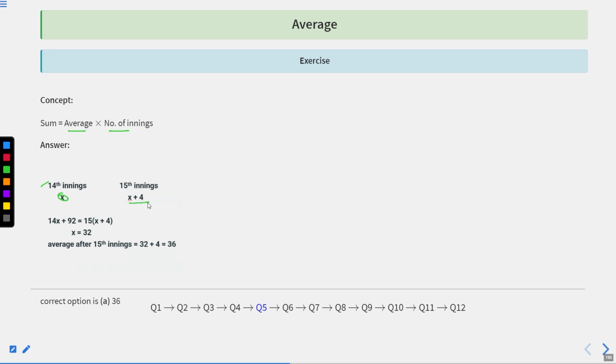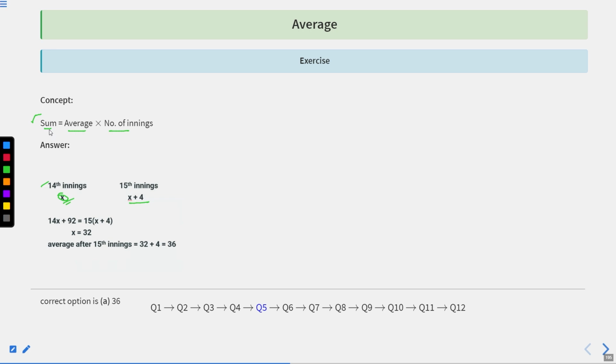If I am able to compute the value of x, then I can easily find the new batting average after the 15th inning. So if the batting average till the 14th inning is x, using this formula I can put average equal to x and number of innings equal to 14.